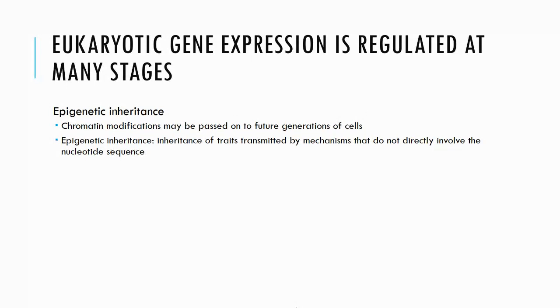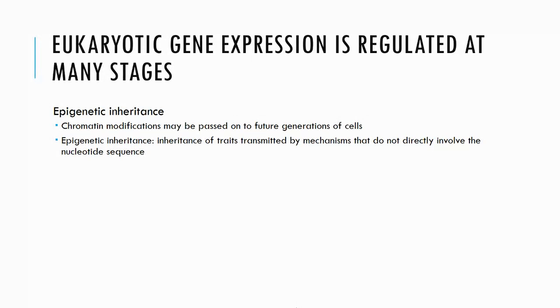Chromatin modifications may be passed on to future generations of cells. So as methylation happens, for example, as that cell divides, maybe that's going to be passed on. Epigenetic inheritance is the inheritance of traits transmitted by mechanisms that do not directly involve the nucleotide sequence.